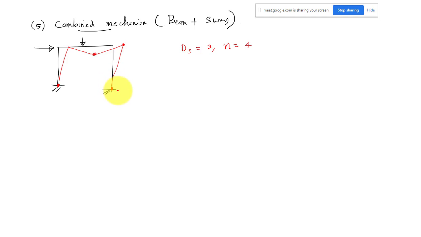We'll see this in the numerical example. So for example 1, 2, 3, 4. This is called combined mechanism. It is a combination of beam and sway, both happening simultaneously. And the beam and sway mechanisms are independent mechanisms.